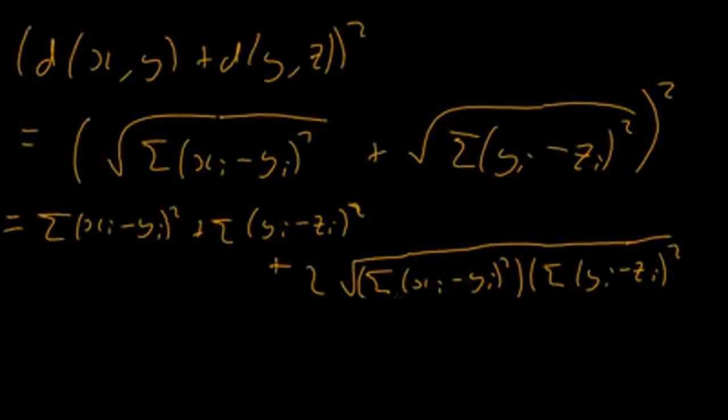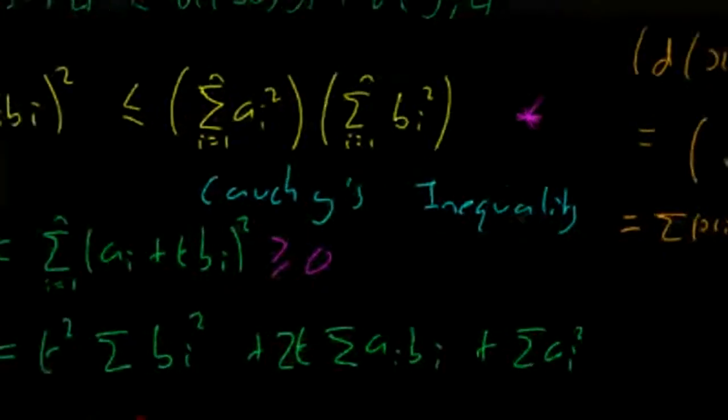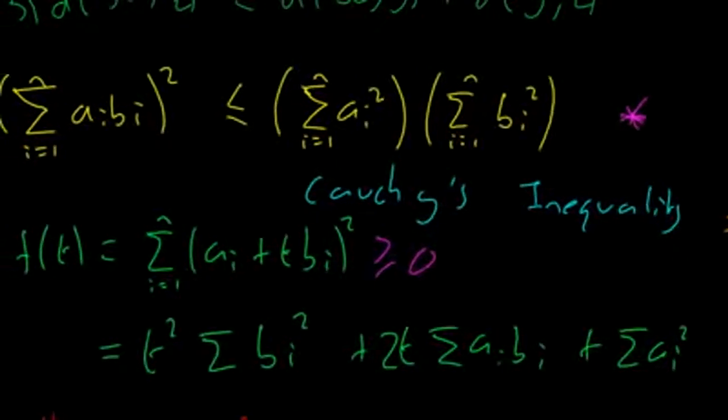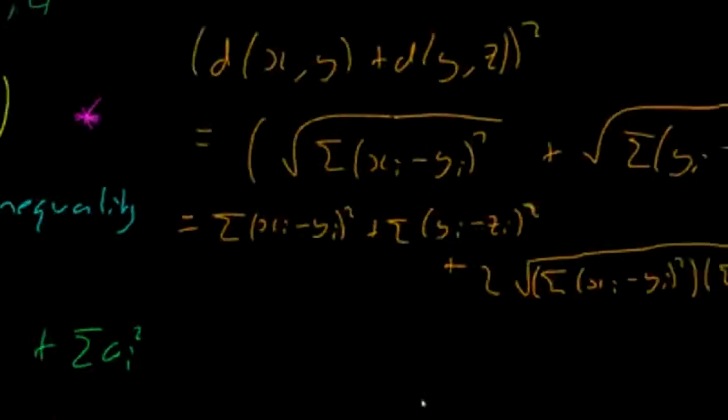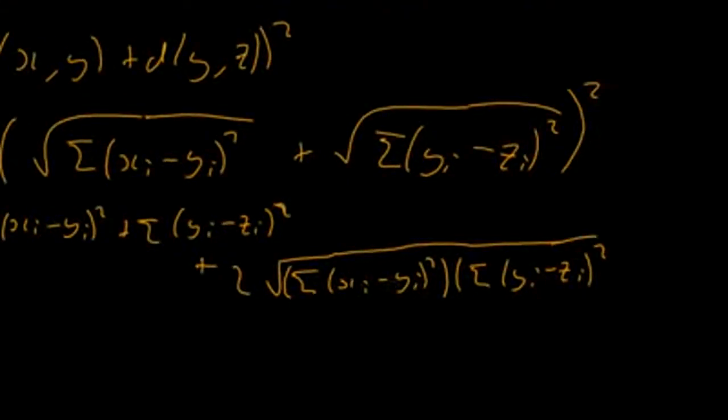Because we have the product of a sum of squares of some components, and this is greater than or equal to, if we take a quick look at it again, our xi minus yi takes the place of our ai here, and our yi minus zi takes the place of our bi here. So this is greater than the square of the sum of the product of the terms. What are the terms? The terms are xi minus yi and yi minus zi.